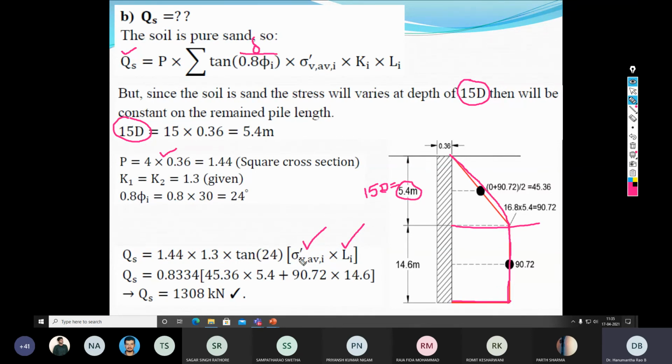It is taken for the first layer at a depth of 15 times D. QS is 90.72, so it is becoming, sorry, for layer 1. There is a small mistake here.